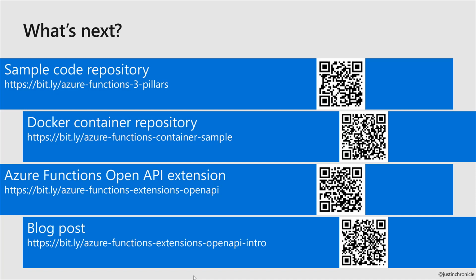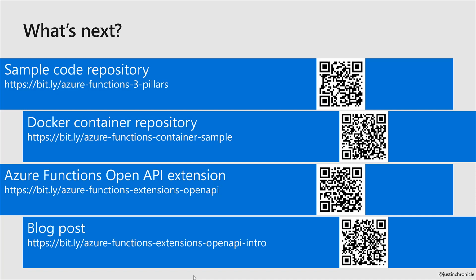If you are really interested in what we have discussed so far, visit these pages. The first one is the source code I have shown in this session. It shows how dependency injection works, what the Docker file looks like, and how the OpenAPI extension is implemented. Use this repository as a starting point.